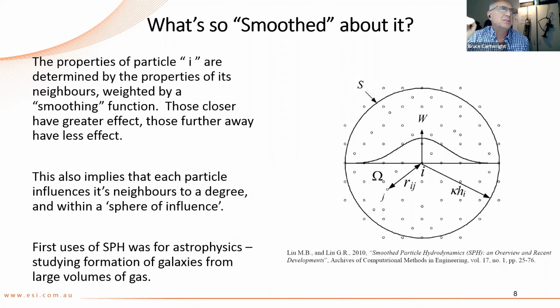So out at the edges of the sphere of influence, there's almost no interaction at all. Beyond that, none of the particles there would know about the particle I. So this is how it works for all the properties of that particular particle. Its parameters, its properties are defined by the smooth average of all of its neighbors. So that includes its velocity and its density and these sort of things.